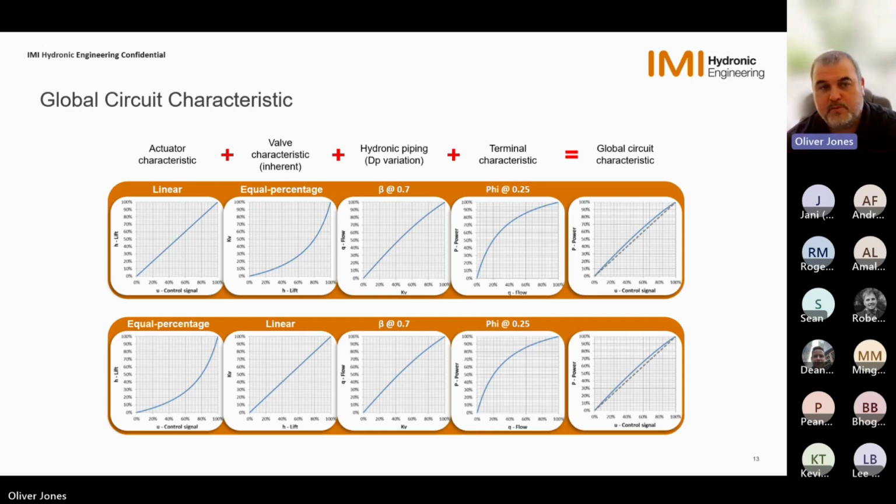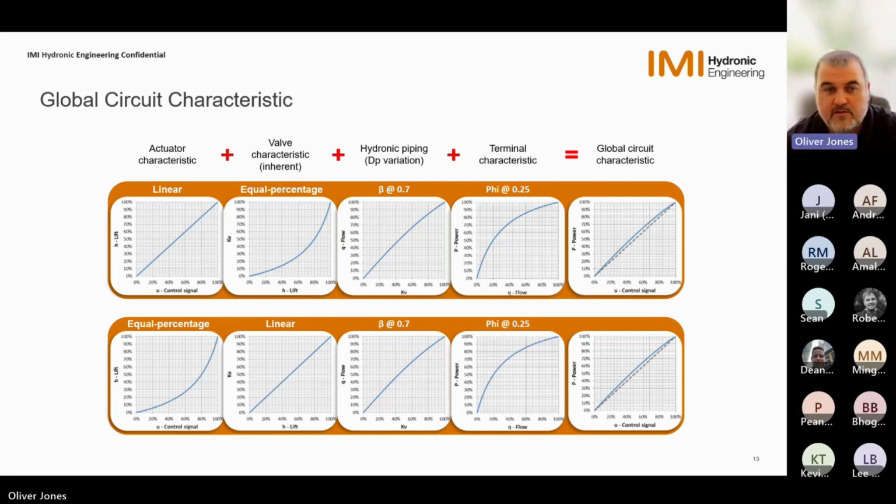For a theoretical purpose, if we look at those two different scenarios as an EQM valve versus a linear valve, our global system characteristics are going to be pretty much the same as we will see. So our actuator characteristic on an EQM valve will be linear, whereas our actuator characteristic for a linear valve will be equal percentage, as can be seen. So then we add our valve in.